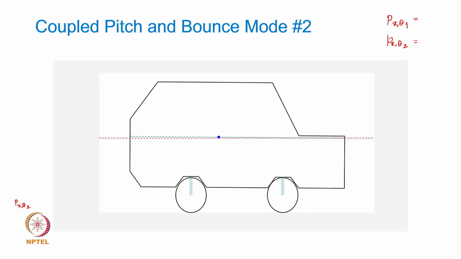Theta is equal to capital Theta cos p1 t, and x is equal to capital X cos p1 t, or whatever p x theta 1 t, right. So, the motion is still harmonic. The only thing is that both motions are simultaneously happening.